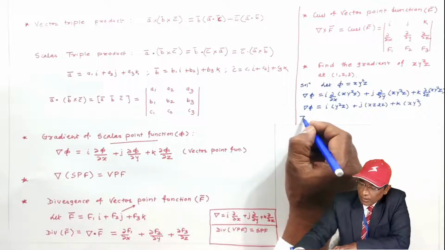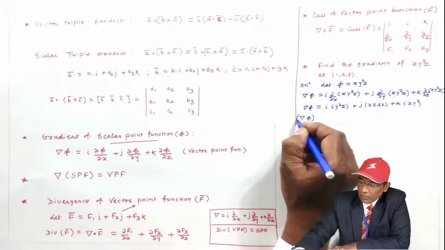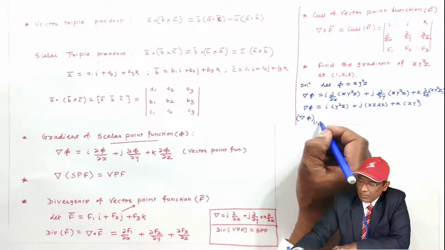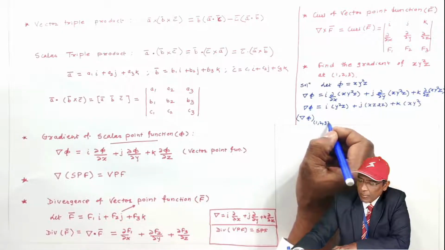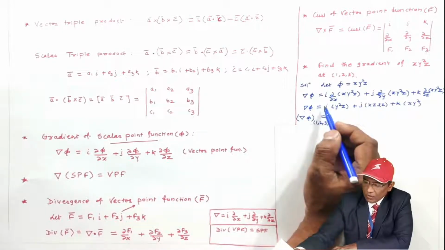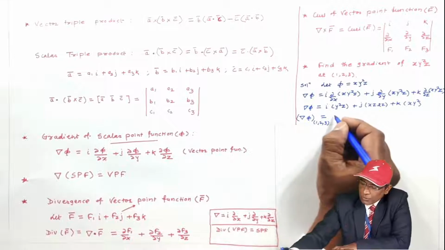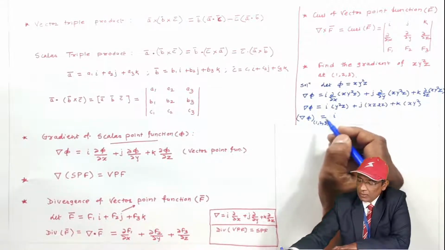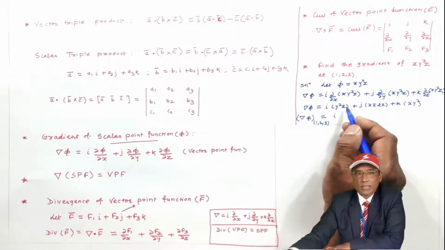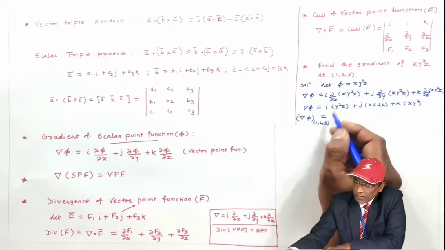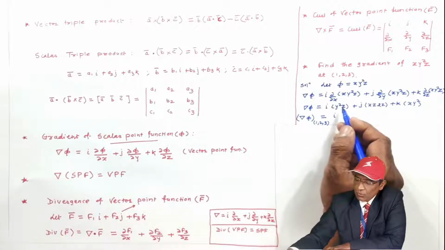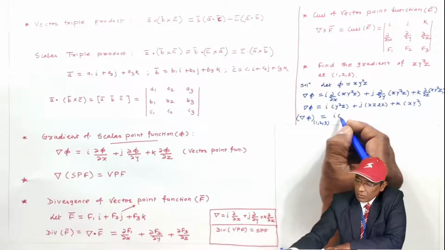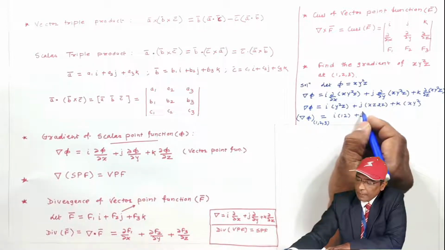So gradient of phi at the point 1, 2, 3, at this point I want. Put x equal to 1, y equal to 2 and z equal to 3. If you put y equal to 2, 2 square means 4, 4 into 3 is 12, so 12 i plus j.